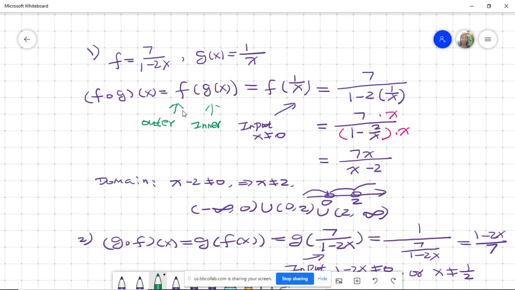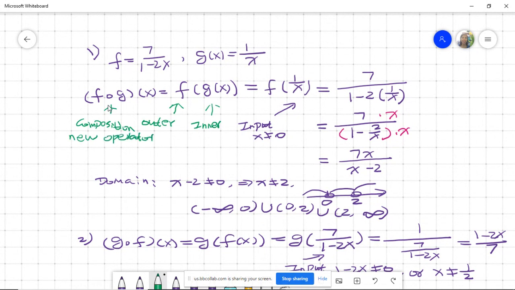So we have an outer and an inner, and that is this composition. When you have this tiny circle here, this is called a composition. It's a kind of new operator.